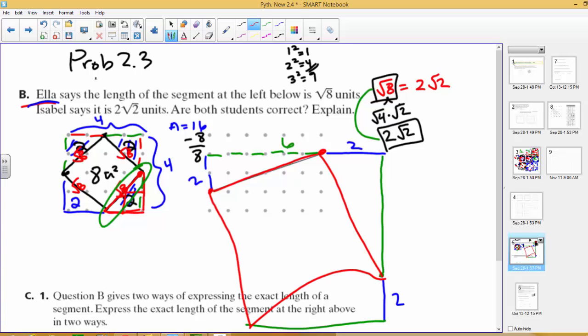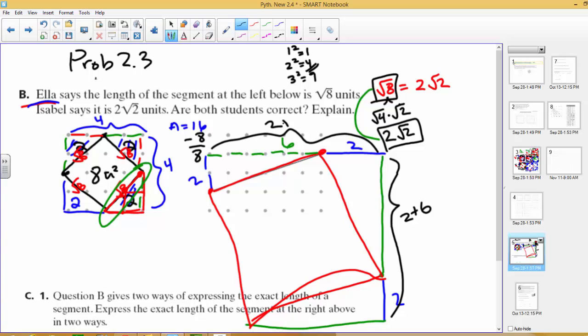Whoa, okay, just pretend that's straight. All right, so the outer box here is 2 and 6. And the outer box here is 2 and 6. So the outer box, even though this is definitely not a perfect drawing, is 8 by 8, which is 64.